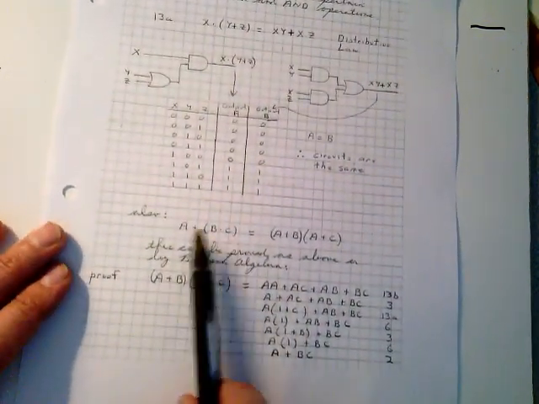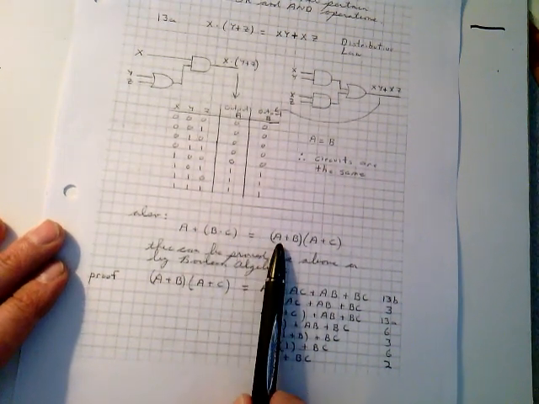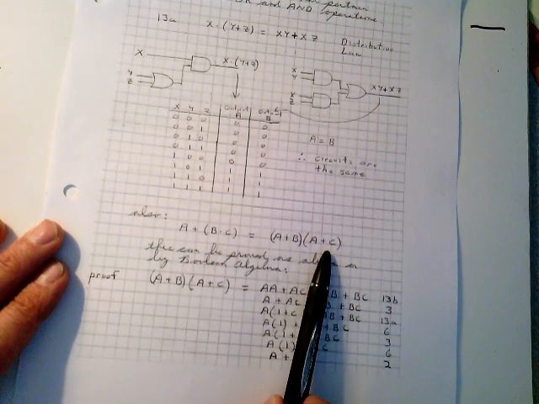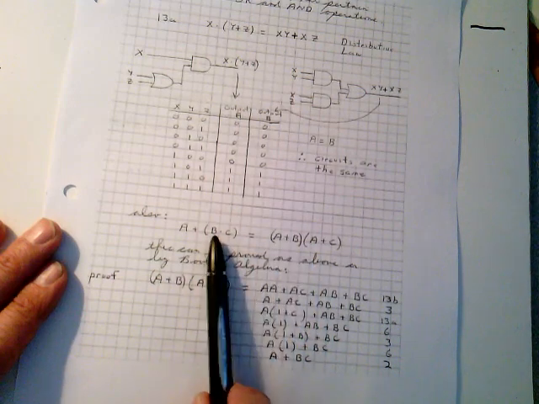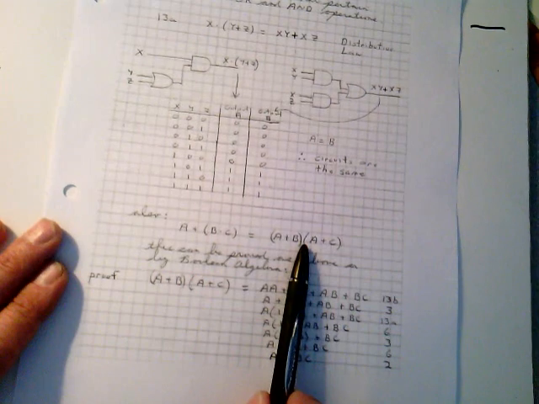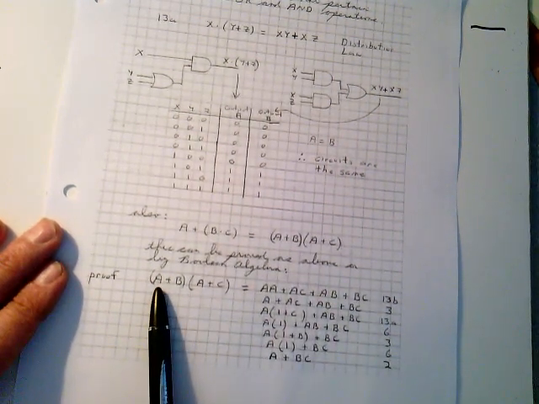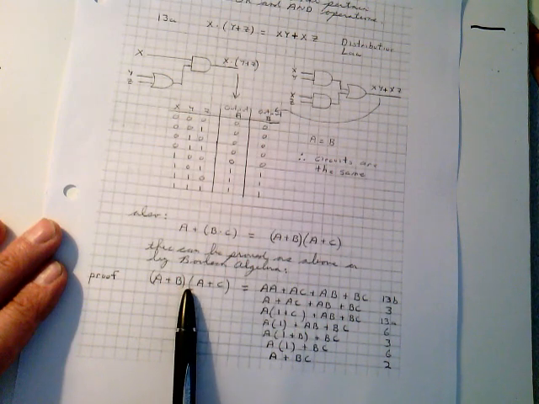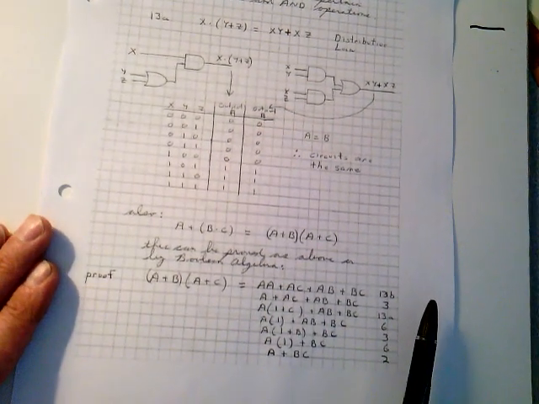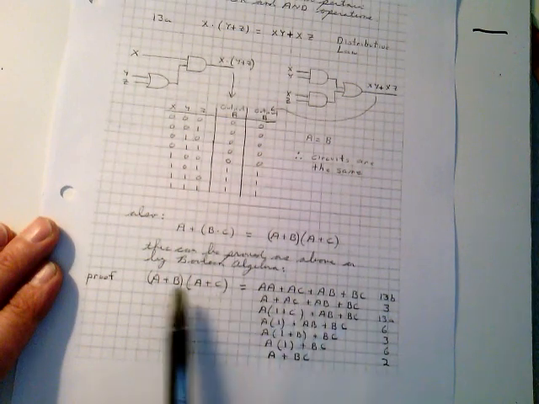Also, if you look down here, we have A or B and C is the same thing as A or B and A or C. Now, this right here is a break from regular algebra. This is Boolean algebra. This isn't true in regular algebra. But if you take a look here, the proof is, here is A or B and A or C. And if you take a look at page number 40, Theorem 13b allows us to distribute this.